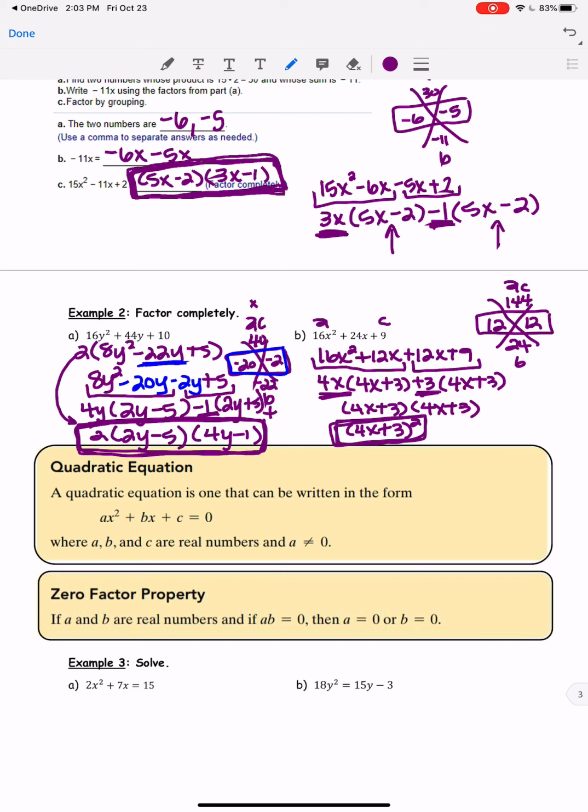Does anybody remember what this is called? These are your perfect square trinomials. We're going to need that starting next week, I believe.